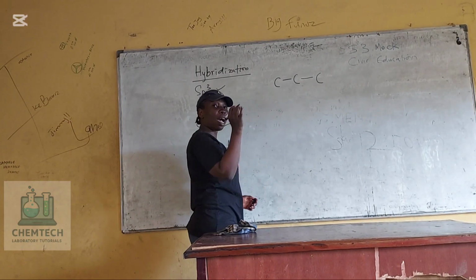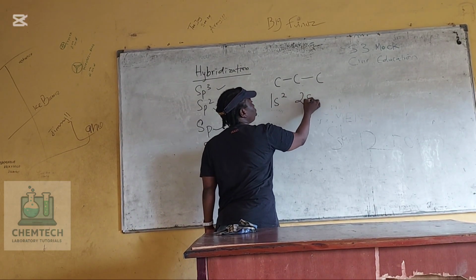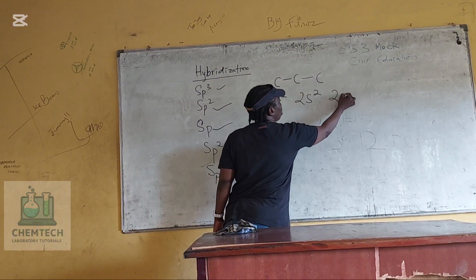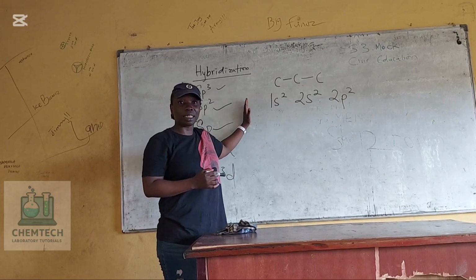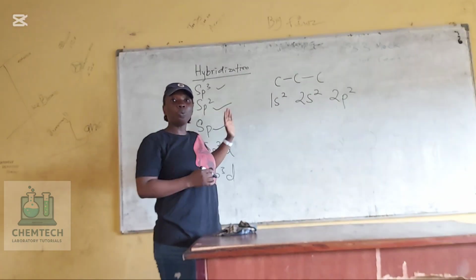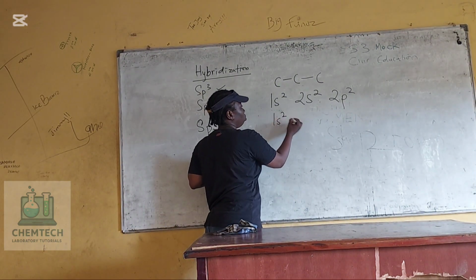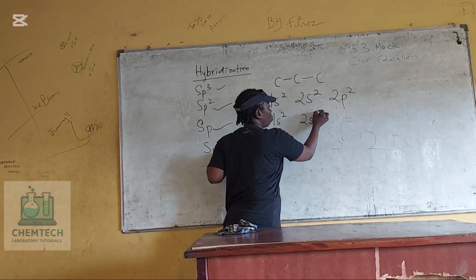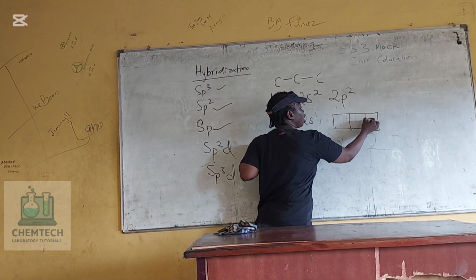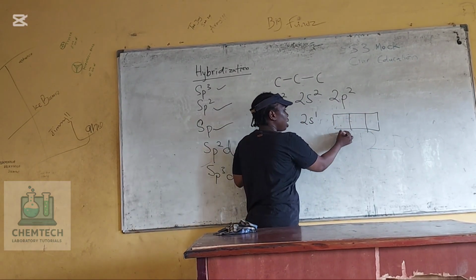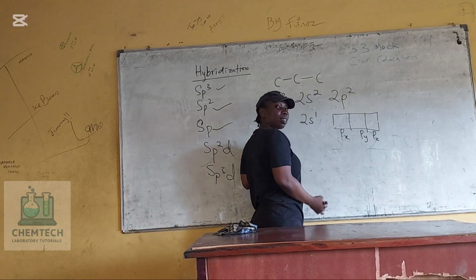Now, the ground state of carbon is 1s2, 2s2, and 2p2 because the atomic number of carbon is 6. Now, carbon will hybridize itself as 1s2, 2s1, then the p orbital has 3 subshells, which is px, py, and pz.